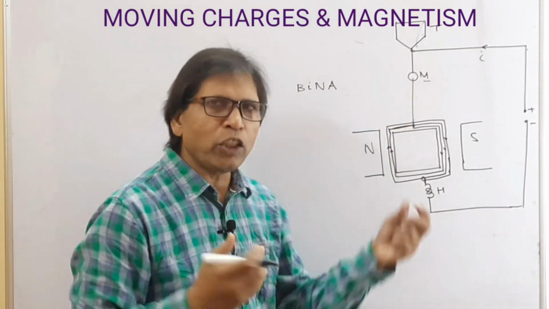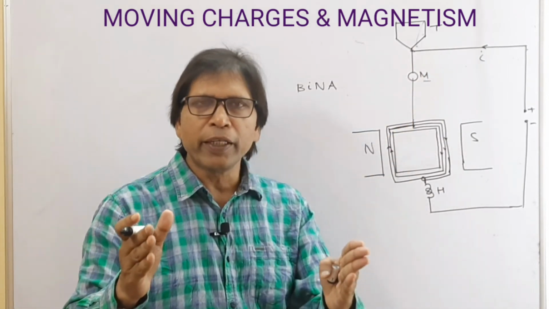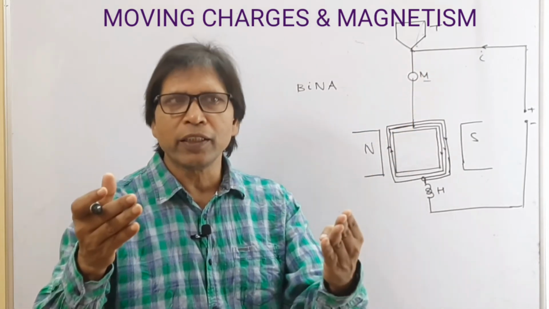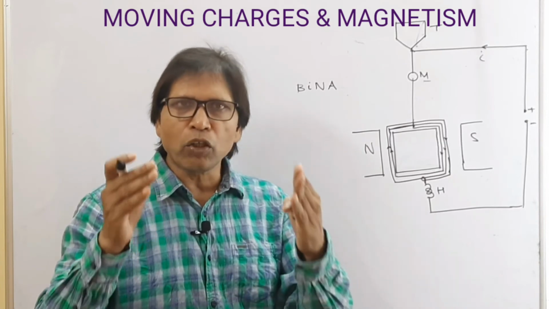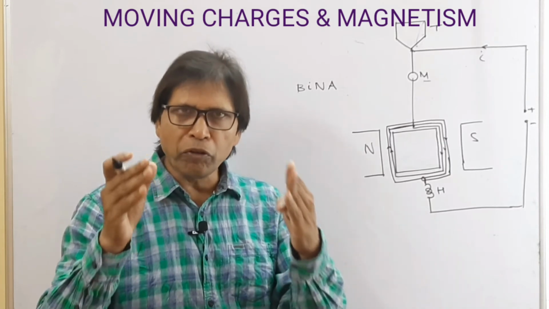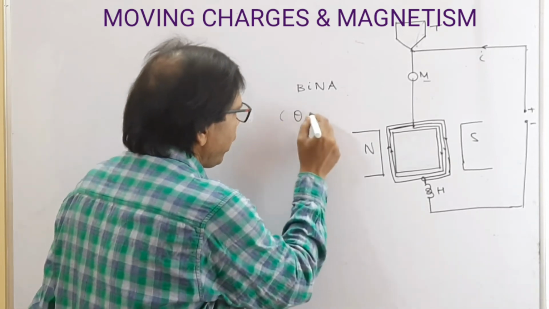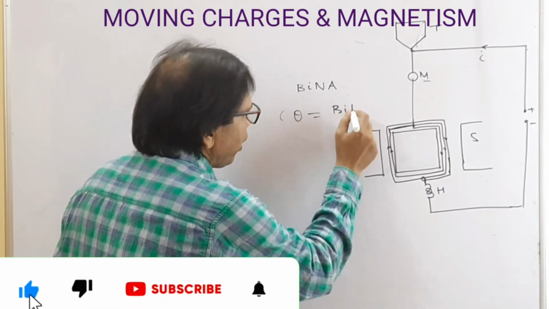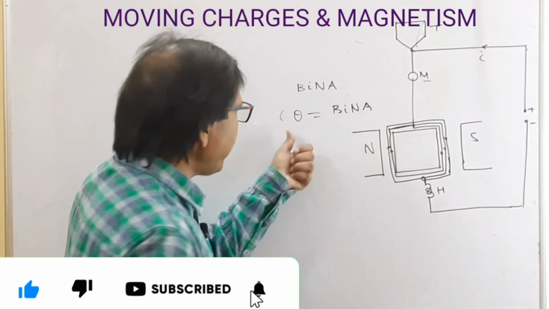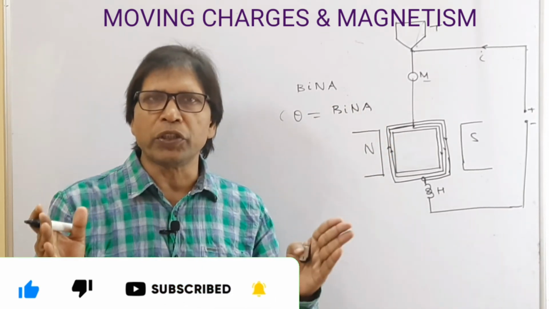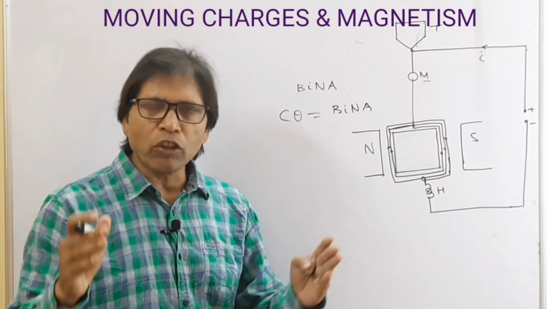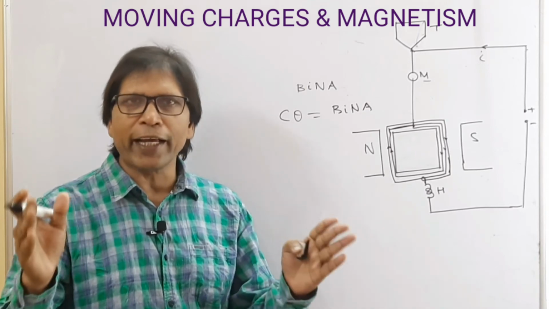The elasticity of the phosphor bronze strip tries to oppose it. If the torsional constant per unit twist is C, then Cθ equals BINA, where θ is the angle of twist and C is the torsional constant per unit angle of twist.